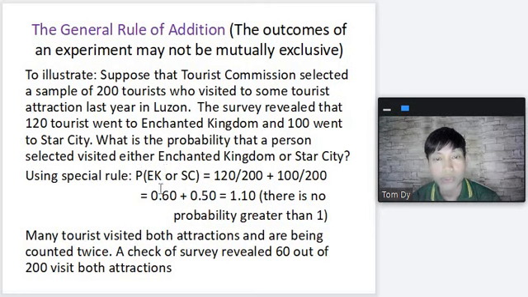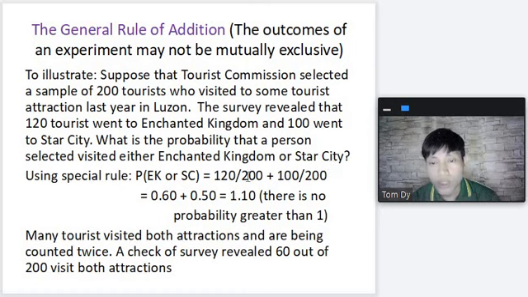Using the special rule, the probability of Enchanted Kingdom or Star City is equivalent to 120 divided by 200, since 120 tourists went to Enchanted Kingdom, plus 100 divided by 200, since 100 went to Star City. 200 is the total number of tourists who visited the attractions.